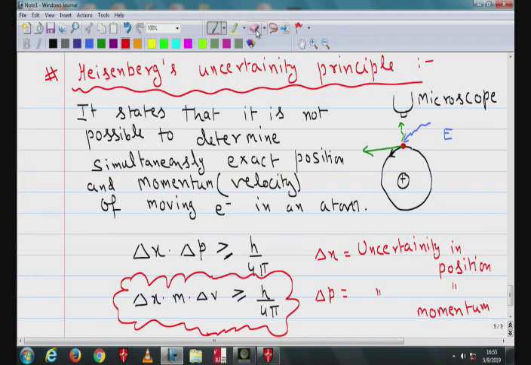Senapati, Sisipur. Okay, so guys, let's move on.